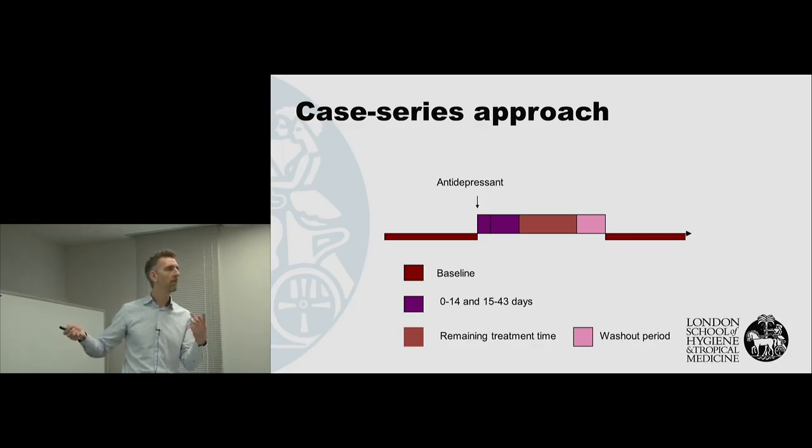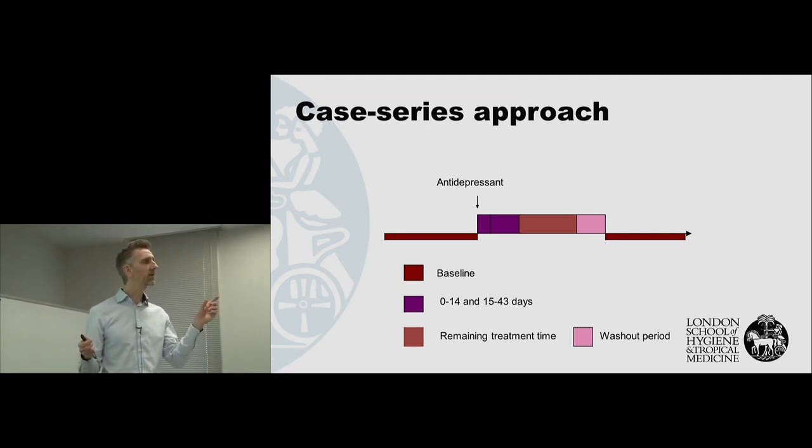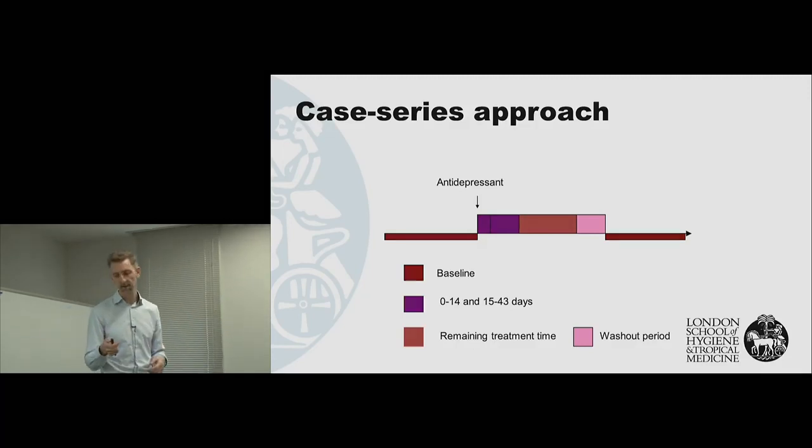We'll come back to this later, but keep this in mind. The reason that this is a strong design is because lots of things that differ between people will not differ within a person over the observation period. Some things will, and it's really important that we think about those.